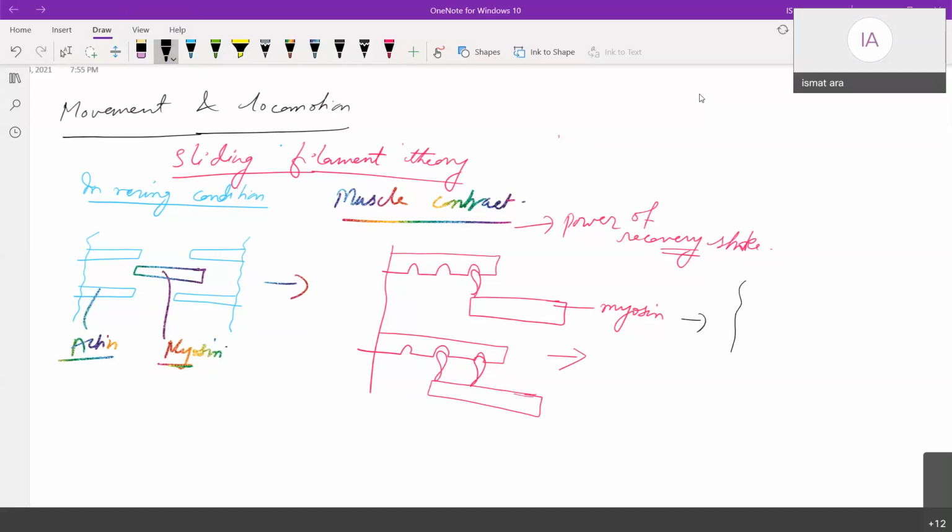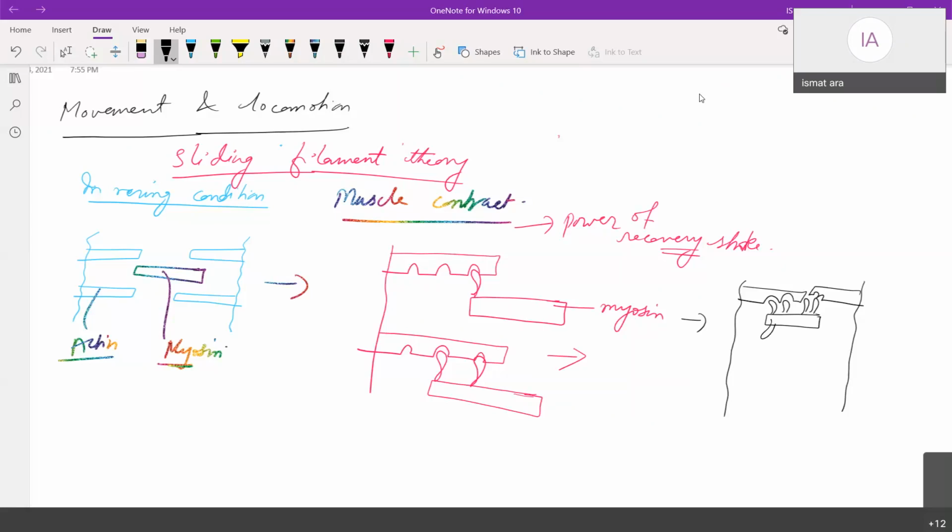Suppose this is the Z line. This is myosin, and these are the heads. They are bound with the actin like this. Similarly here, they are bound with the heads.